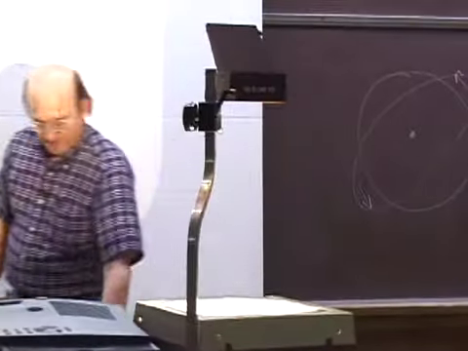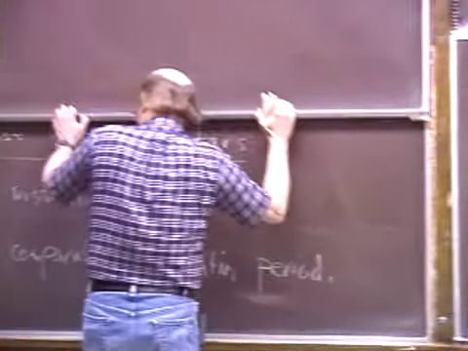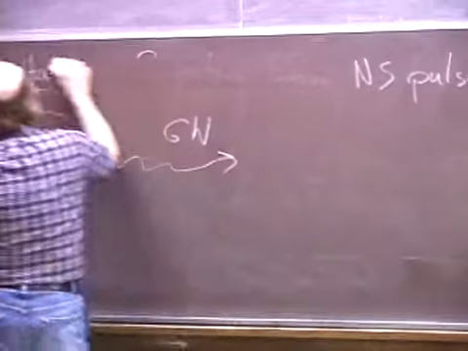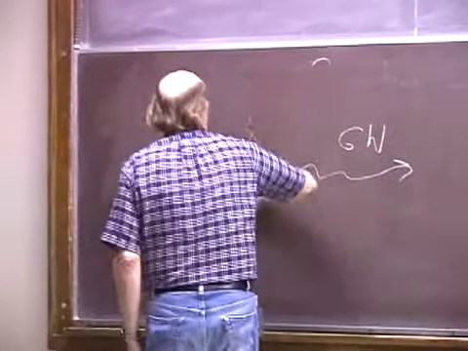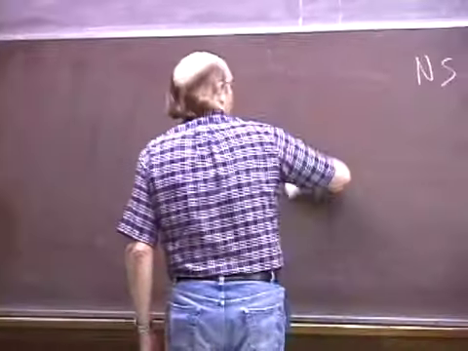There are basically three ideas that people have thought about in which you could plausibly get very rapidly rotating neutron stars. They're all basically related.